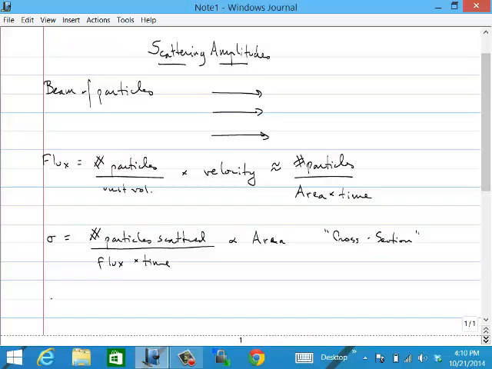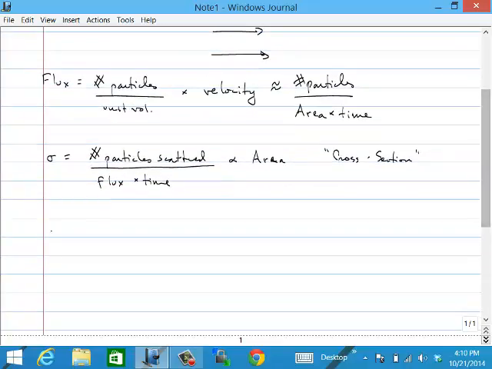So you imagine that you have some incident beam here, and some sort of target that you are scattering off of, and then some final scattering, and you want to calculate the number of particles scattering as a function, say, of the angle that this beam makes with vertical, or of the momentum of the particles, and so on and so forth. So what we're really interested in calculating is not sigma, but rather the differential cross-section.